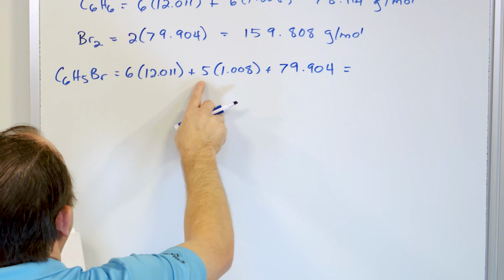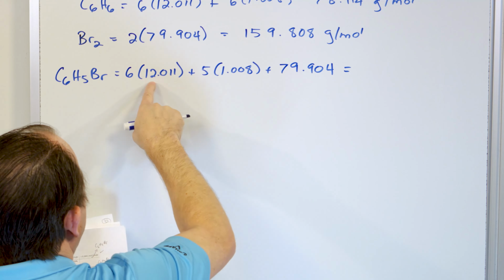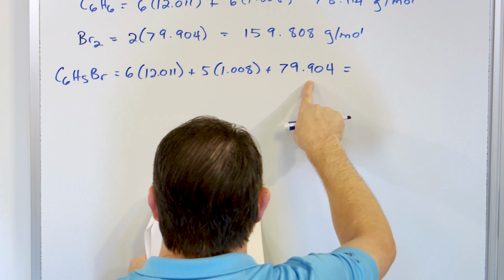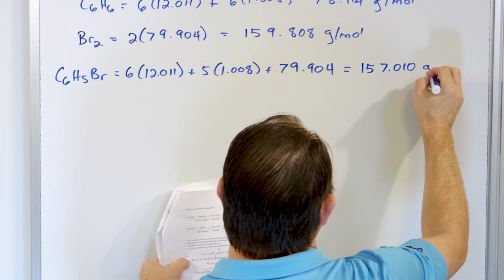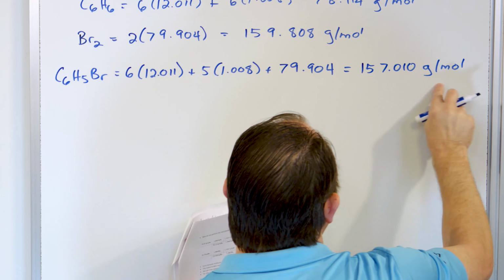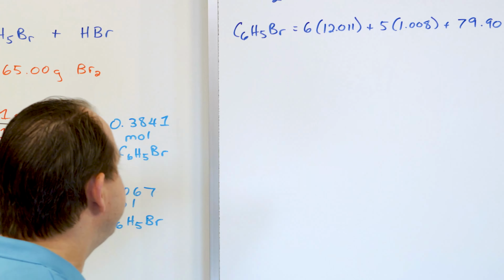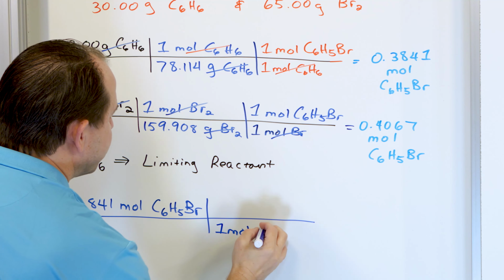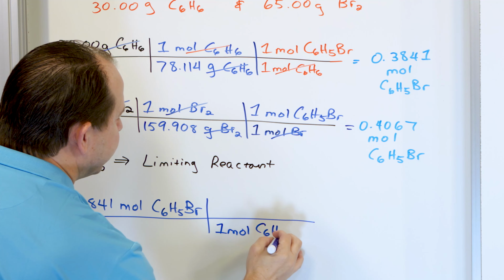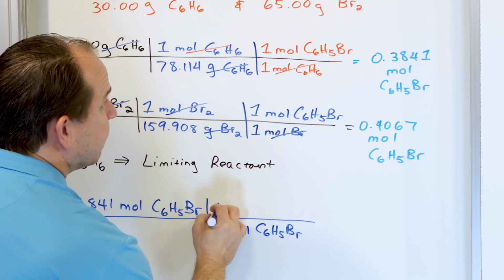So if I take the 5 times the hydrogen and the 6 times the carbon, and I add it all up with the 1 bromine atom, I'm going to get 157.010 grams per mole. This is the molar mass of the bromobenzene, 157.010. So I know that 1 mole of the bromobenzene, C6H5Br, is, what did I write down?